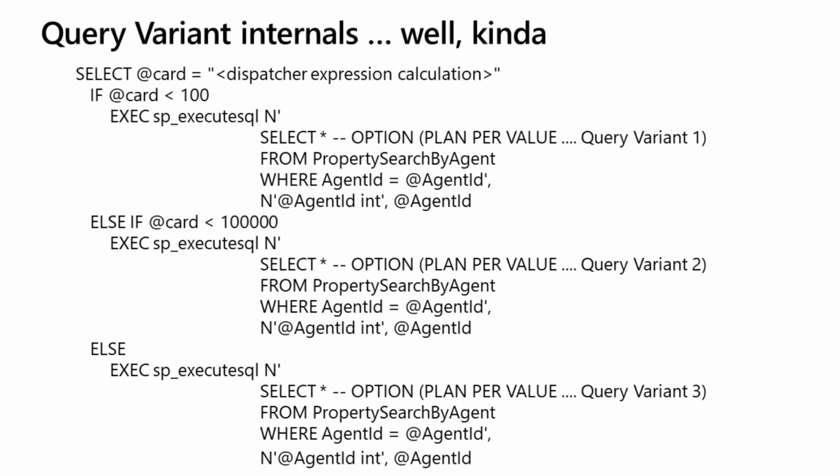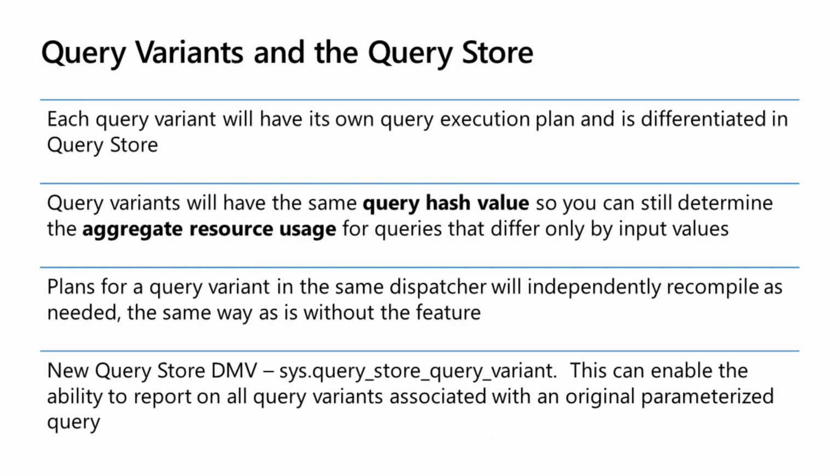Now, again, this is pseudocode, which is why I have the comments here. It will do the same thing for the second bucket. If the cardinality is less than 10,000, it will create another query variant and say this is going to be query variant ID 2. Otherwise, we'll create a third bucket and we'll say this will be query variant ID 3.